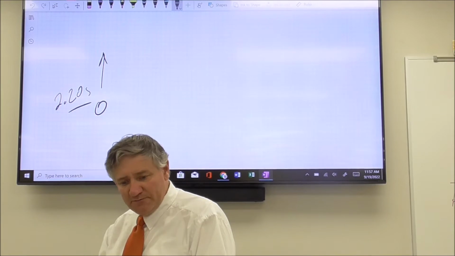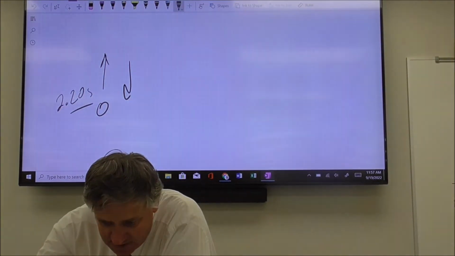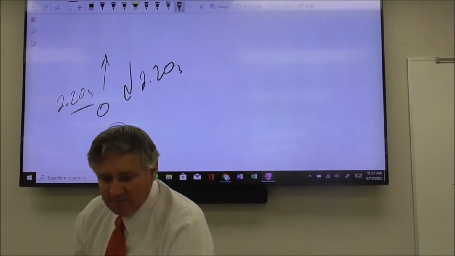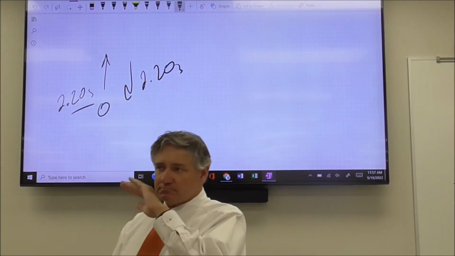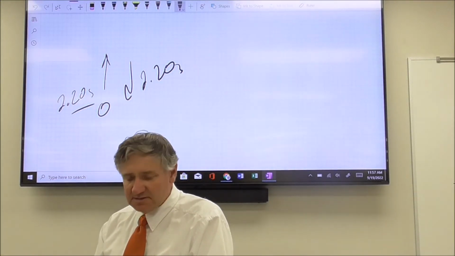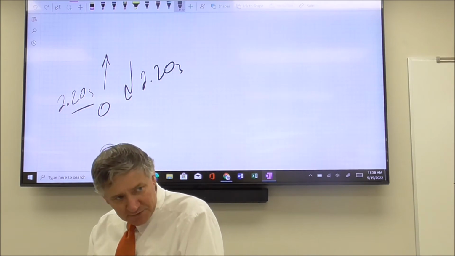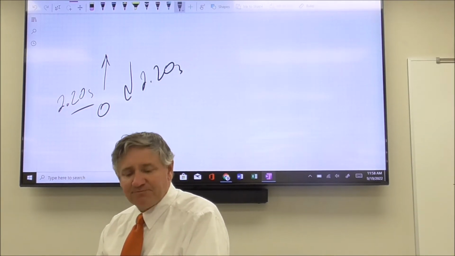So the 4.4 seconds is the entire time. That means you're going to spend 2.20 seconds going up and 2.20 seconds going down, and you can assume that as long as this thing is symmetrical, okay? And that's the whole key to this. If it's symmetrical, listen very carefully to the terminology.